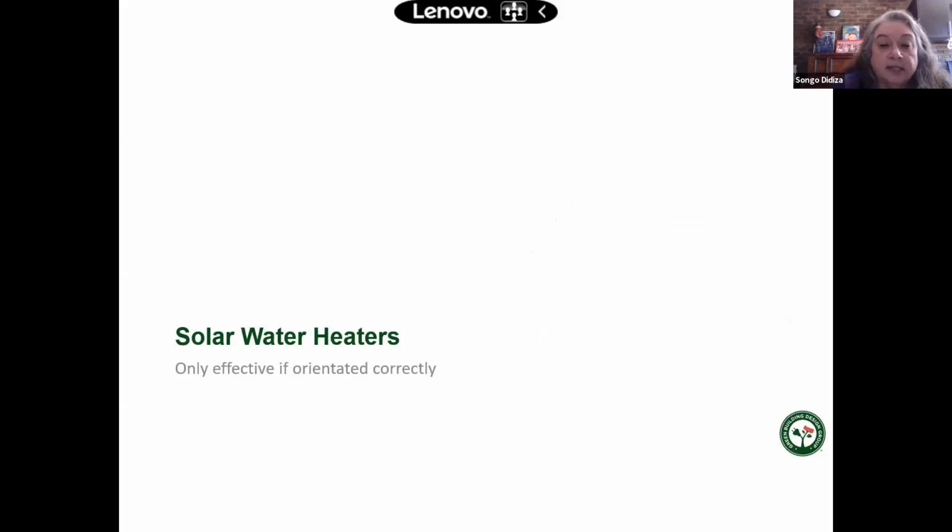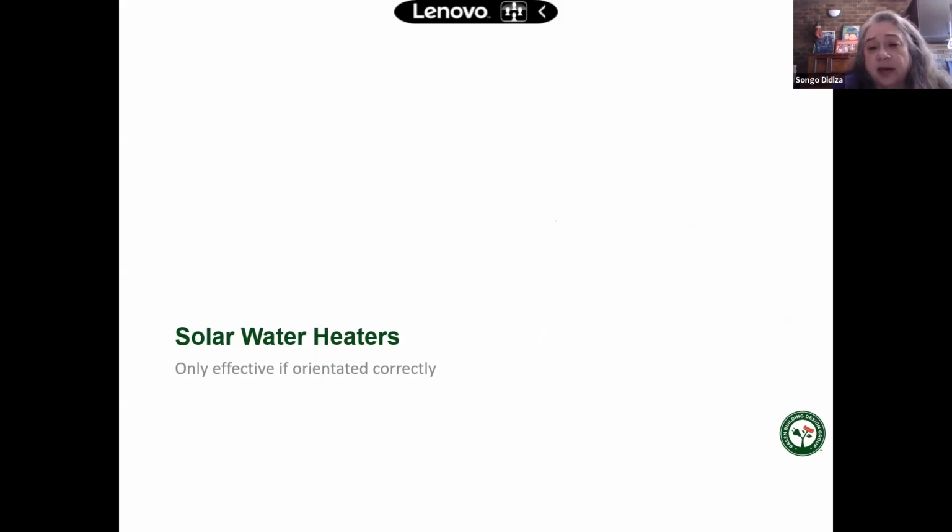Solar water heaters, okay, they are only effective if orientated correctly. I don't know in your area if you've got a whole lot of houses or cluster developments where they've got solar water heaters. We've come across housing developments where you're lucky if you can find two solar water heaters facing the same direction.